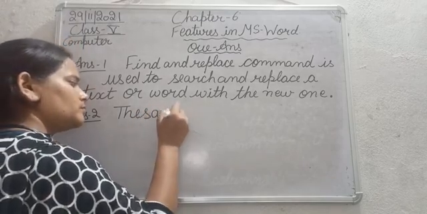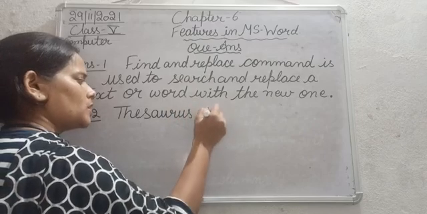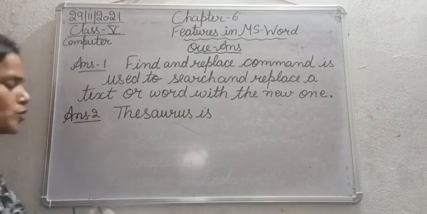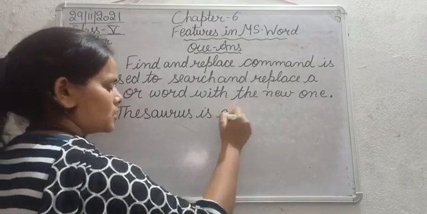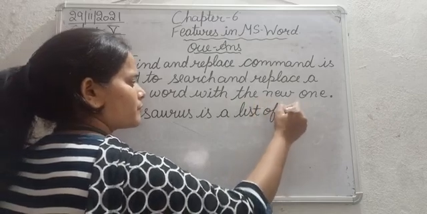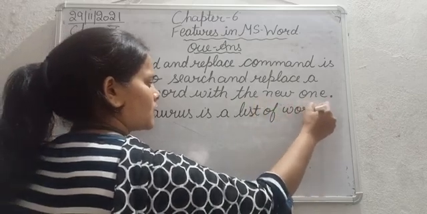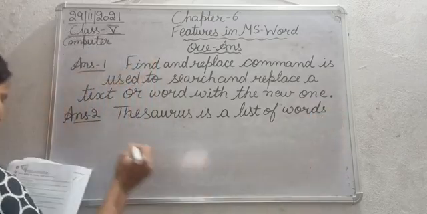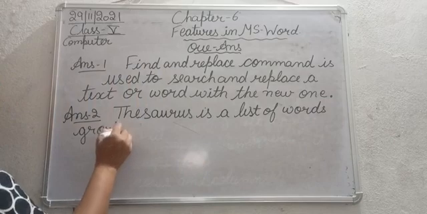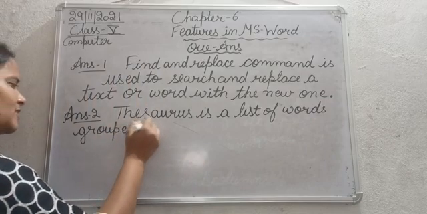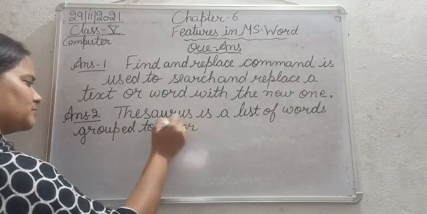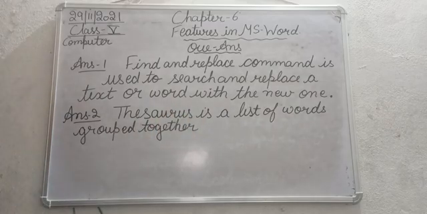Thesaurus is a list of words grouped together, containing synonyms and antonyms.